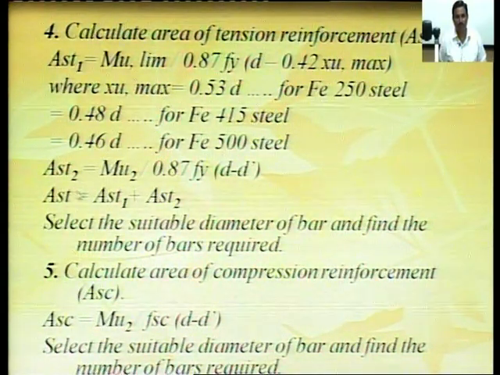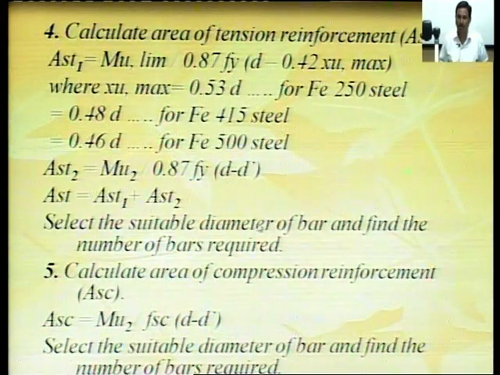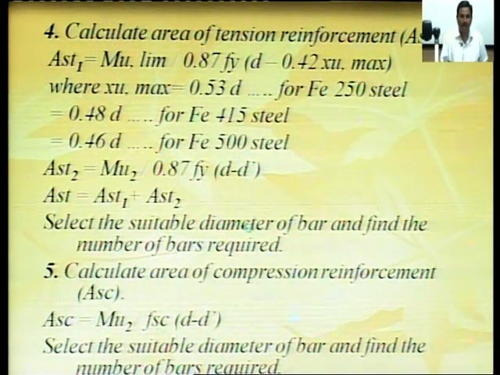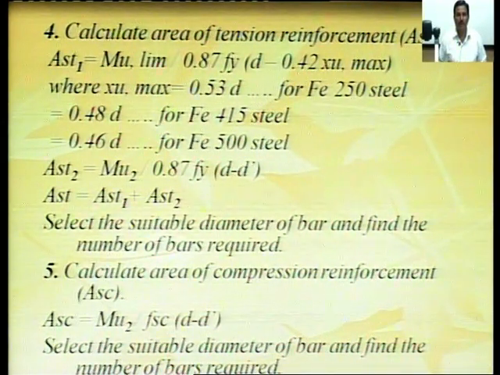From the total area of tensile reinforcement, we select a suitable diameter of bar and find the number of bars required. Fifth step is to calculate the area of compression reinforcement, designated as Asc.